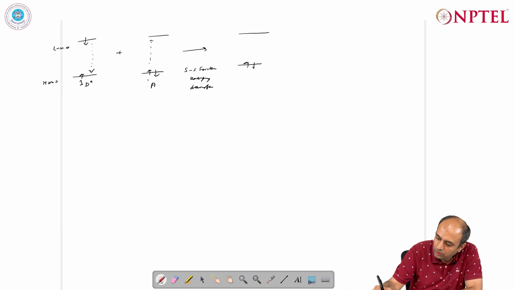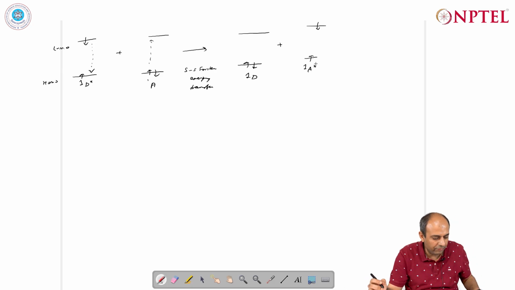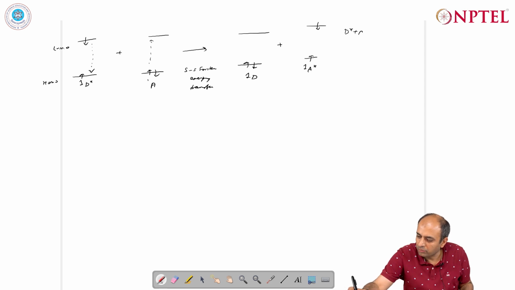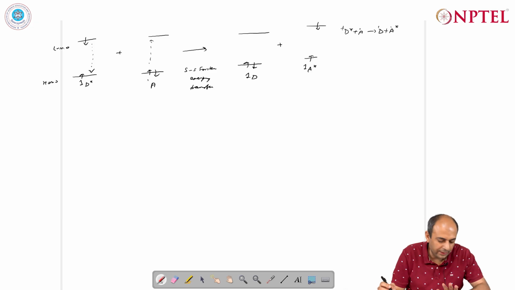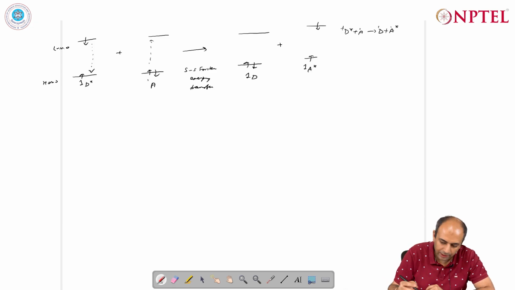So this comes back to the ground state and then this goes into the excited state. So you have this kind of a Forster energy transfer from the donor to the acceptor. So we can say D star plus A going to D plus A star, where the spin multiplicity is the same for the donor and the acceptor. So this is the Forster energy transfer.